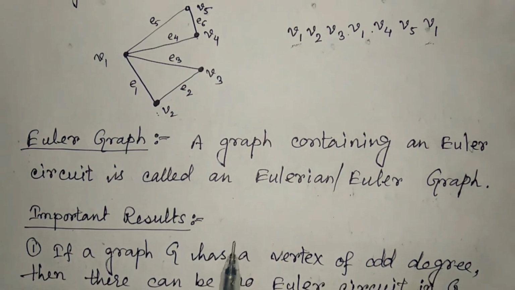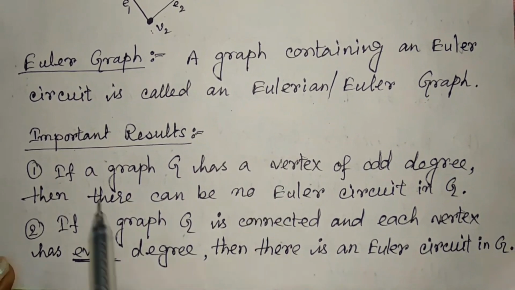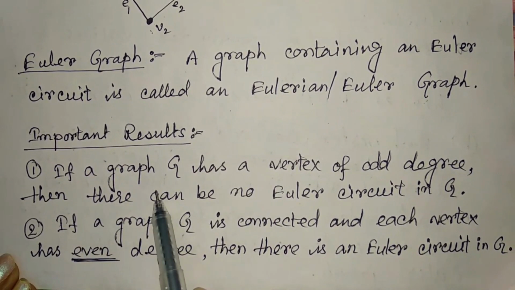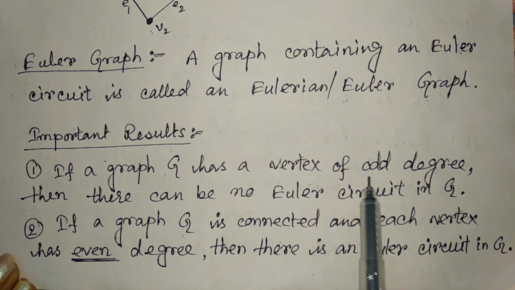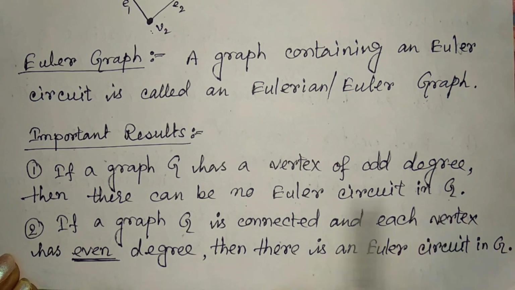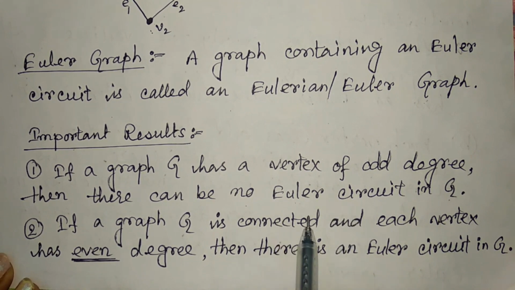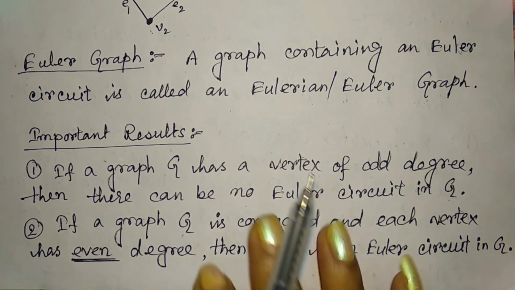Corresponding to that, we have some important results on Euler graphs. The first result is, if a graph G has a vertex of odd degree, then there can be no Euler circuit in G. So in a graph, if there is any vertex of odd degree, then we can't draw any Euler circuit.